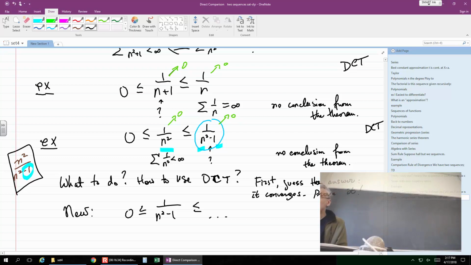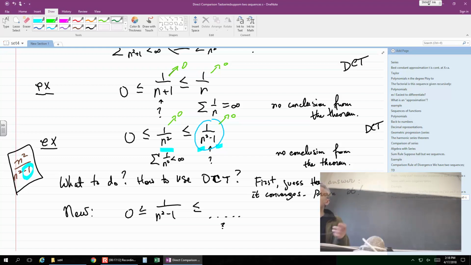And so this is where we have to put something to the right, a convergent series, the series of which converges. Okay? So can you think of a sequence to put there? Well, we don't have too many choices right now.